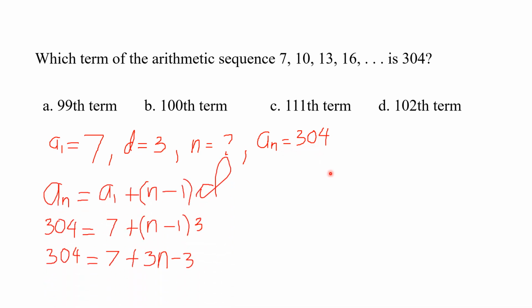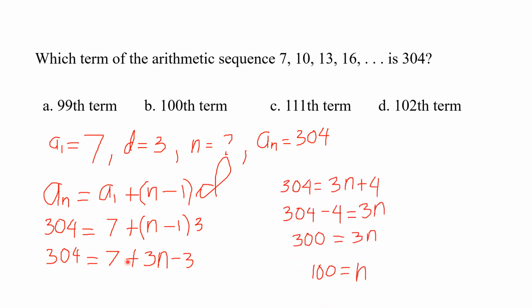Then, by using the formula, a_n is equivalent to the first term plus n minus 1 multiplied by d. Our a_n is 304 and the first term is 7. Since we are looking for n, we just bring it down: n minus 1 multiplied by the common difference, which is 3. And then we distribute, so that is 3n minus 3, plus 7 is equal to 304.